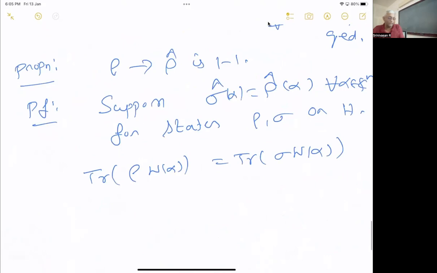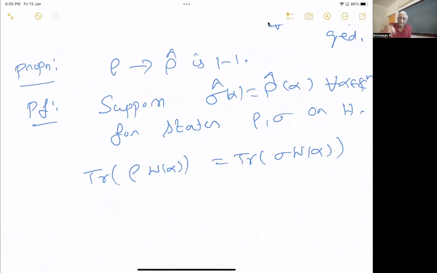Now we want to verify the injectivity of the quantum characteristic function. If sigma hat alpha equals rho hat alpha, then it's true that trace of rho W of alpha equals trace of sigma W of alpha. Now we know that this trace is strongly continuous.